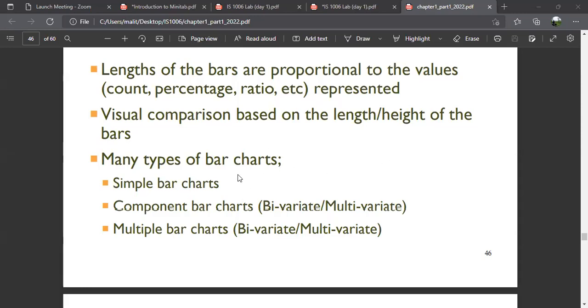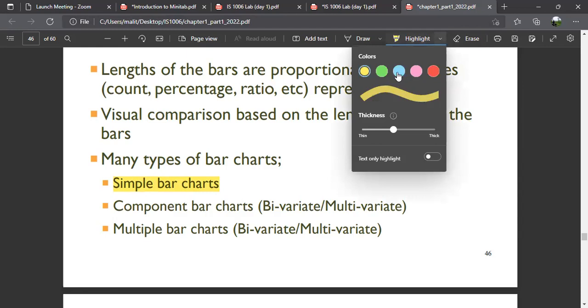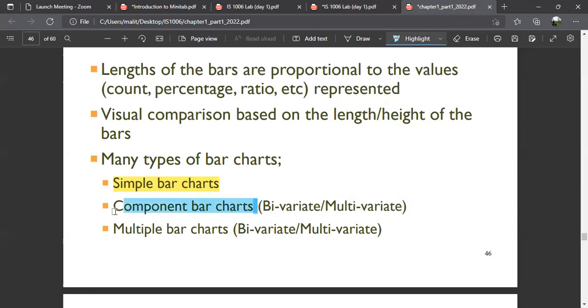The first one is numerical, the second is categorical, and the simple bar chart belongs to that. If you want to represent a categorical variable, we can use a simple bar chart. For the next two, if we want to represent two or more categorical variables, we can go for component bar charts or multiple bar charts.